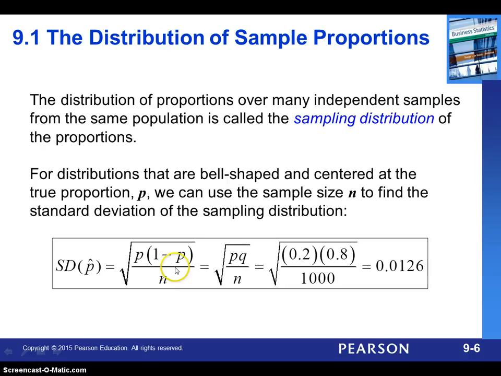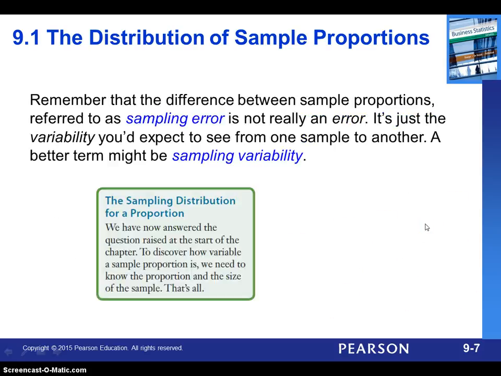If I talk to 1,000 students, n would be 1,000. And the standard deviation is about 1.3%. So we would say we feel like 20% plus or minus 1.3% of students would have said no, we don't need financial aid for our schooling.